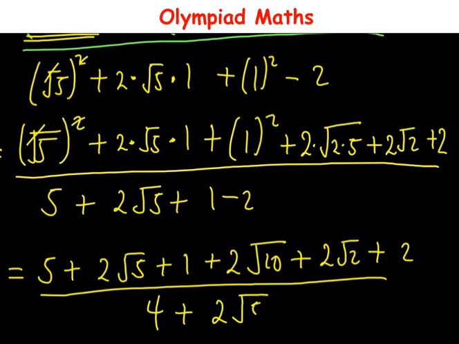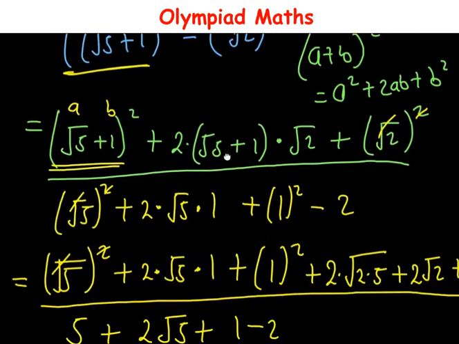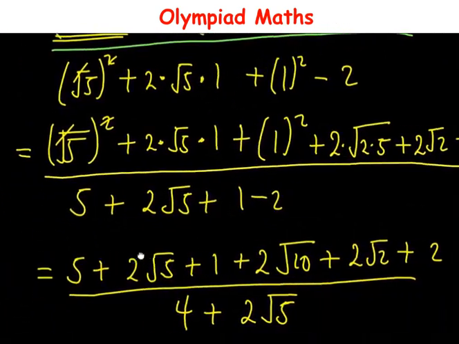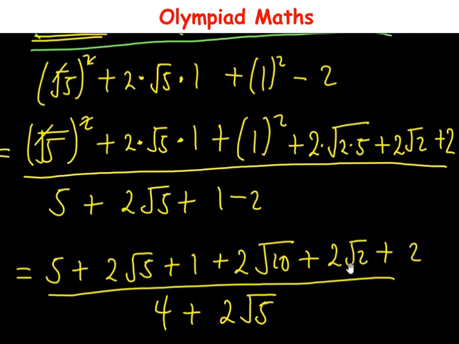Okay. Now simplifying the numerator, we have 5 plus 1, which is 6. 6 plus 2 will give us 8. So writing down 8 right here, then plus the next one that we have right there is 2 root 5 plus 2 root 10 plus 2 root 2.